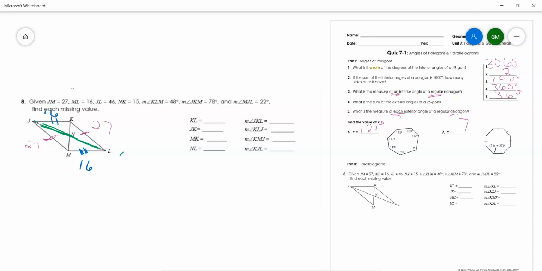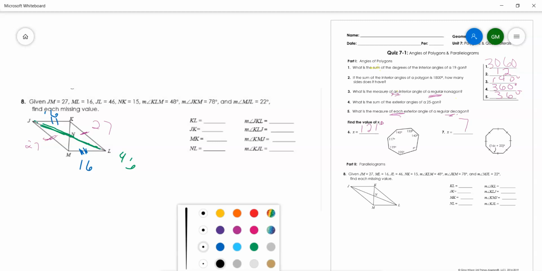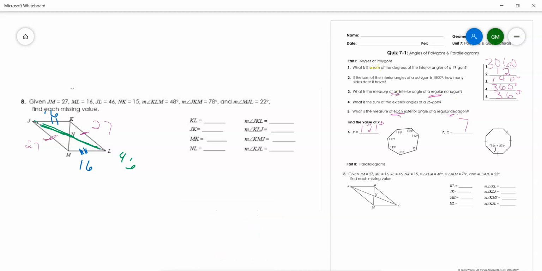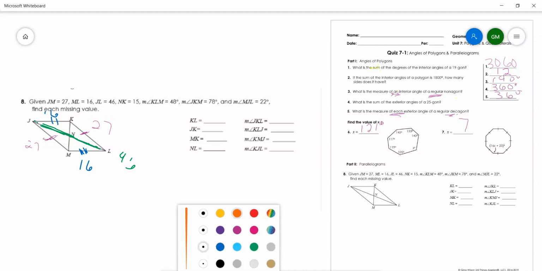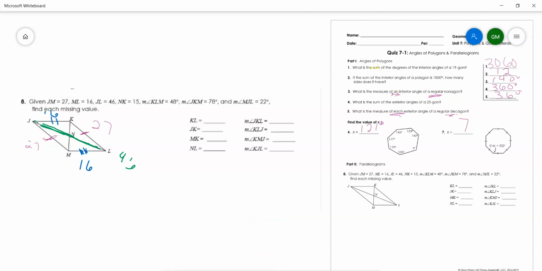The whole thing is 46. And NK is 15. So let's do that one in orange. NK is the little part. That's 15.